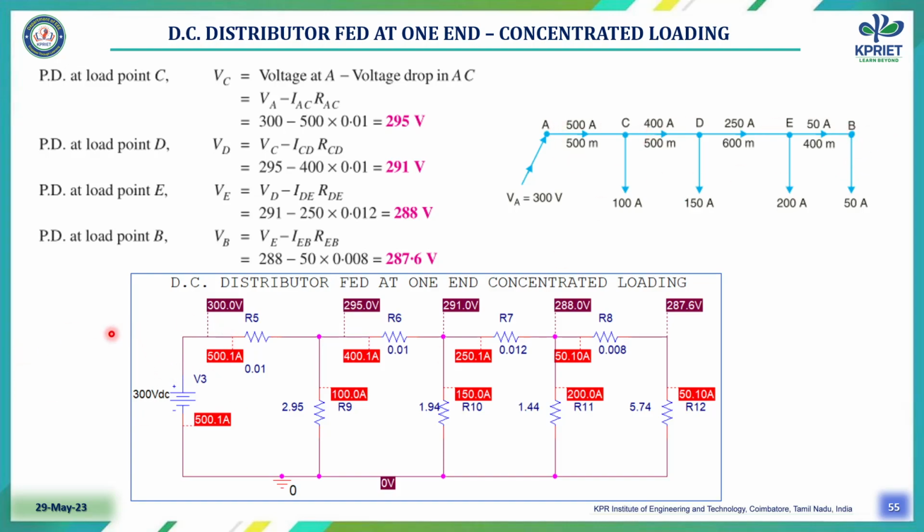So this is the actual calculated value. We have to ensure that the calculated values we are getting are correct, so we verify them using the simulation tool. The same structure of the DC distributor is simulated and we calculate the voltage at each and every point.